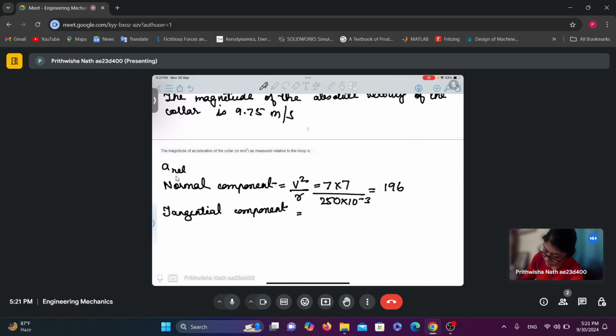So this is 3 meter per second square. Now we need to find the magnitude of the acceleration. So the magnitude is the square root of 196 square plus 3 square.